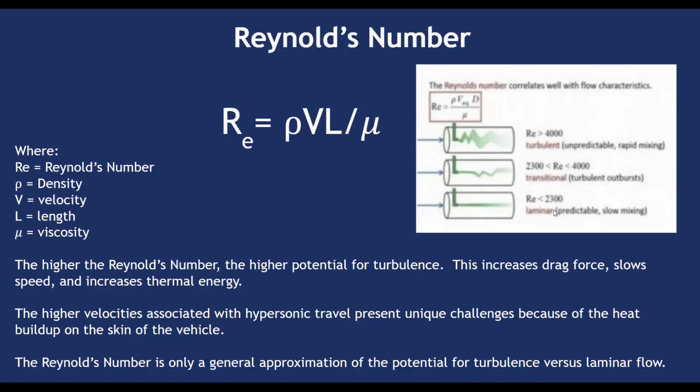If the Reynolds number is under 2,300, in virtually all cases, you're going to get laminar flow. But in between, anywhere between 2,300 and 4,000, is a transitional period, and you can get either turbulent or laminar flow depending upon a whole bunch of variables that are not contained in this equation.